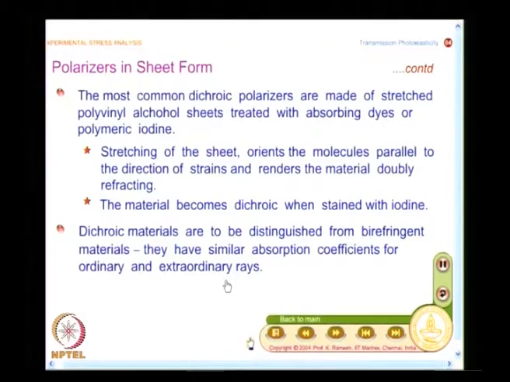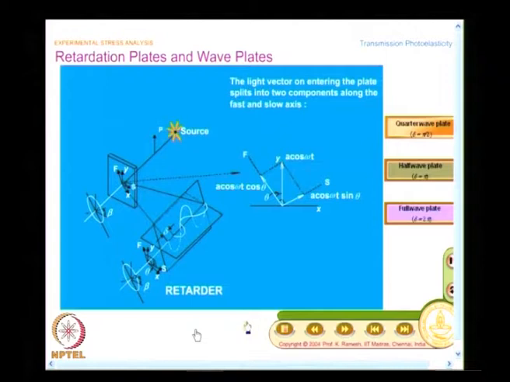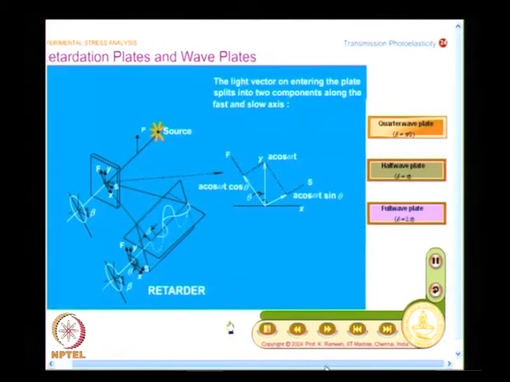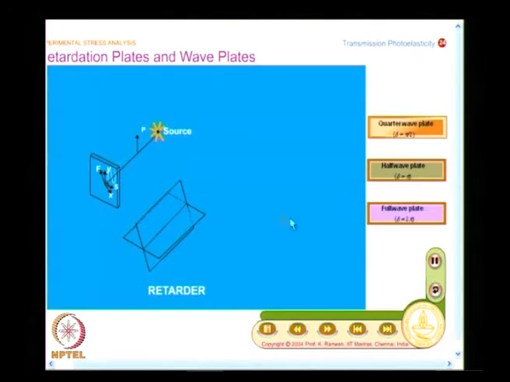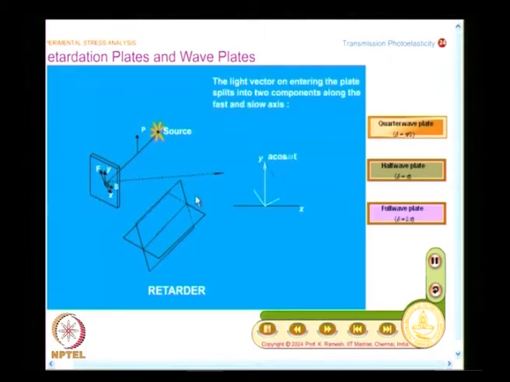And what is fundamental to all of this photoelastic analysis is understanding retardation plates and wave plates. This animation you will be looking at again and again in this course, and this is the crux of photoelasticity. We will again have a look at it. A natural light source becomes polarized when it hits the front surface of the model.